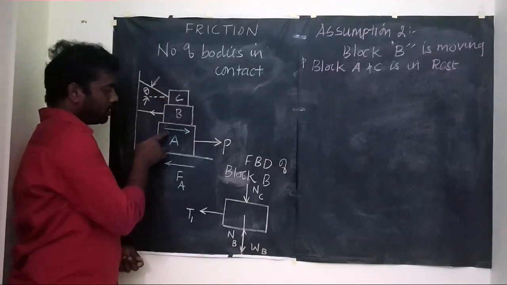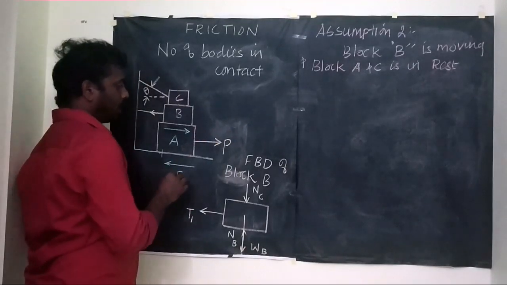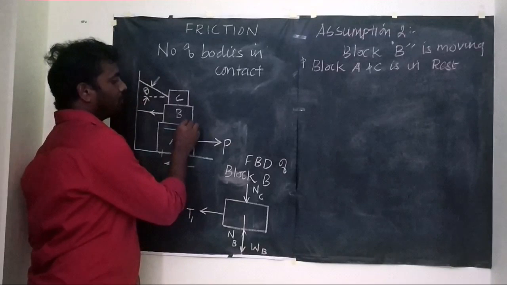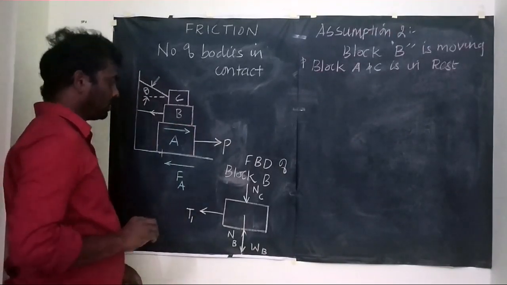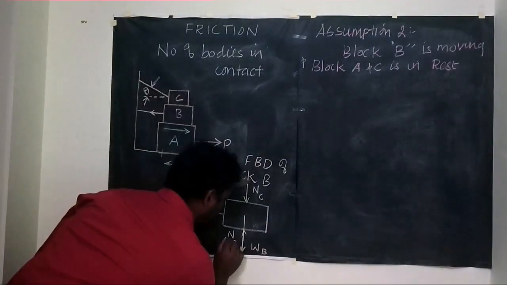So see here, this arrow acts towards the right. The limiting friction force value depends upon the surface finishing of block B, so it is mentioned by F suffix B.